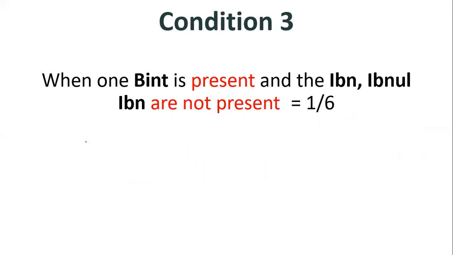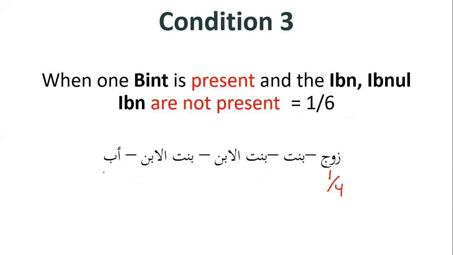Another example for condition number 3, the condition reading: when 1 bint is present and the Ibn al-Ibn are not present, the Bintul Ibn will receive 1/6 of the inheritance. So over here, let's do this again. So Zawj will receive 1/4, Ab will receive 1/6 plus Asaba. Over here, we know that the Bint will receive half of the inheritance.